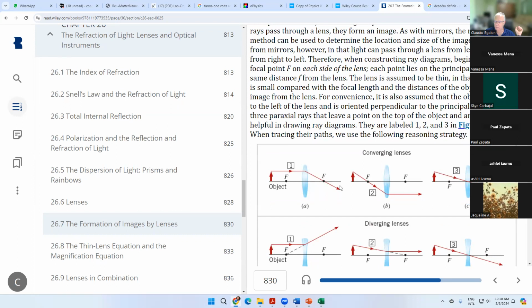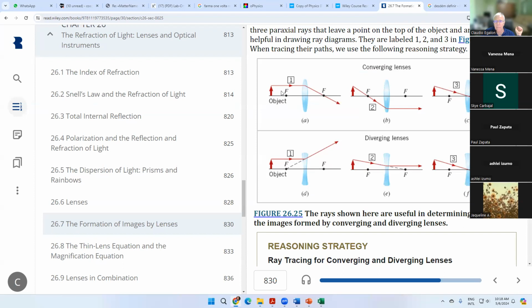I cover that as well. Notice that the book is using a slightly different notation. They're calling them F and F here instead of F prime and F. It varies from reference to reference. Some references do exactly what the book does, but other references do exactly how I do, using F and F prime.